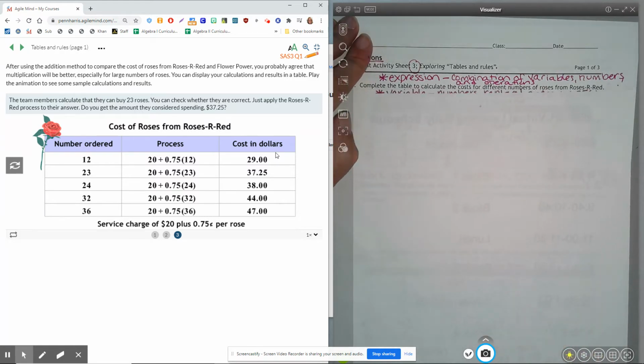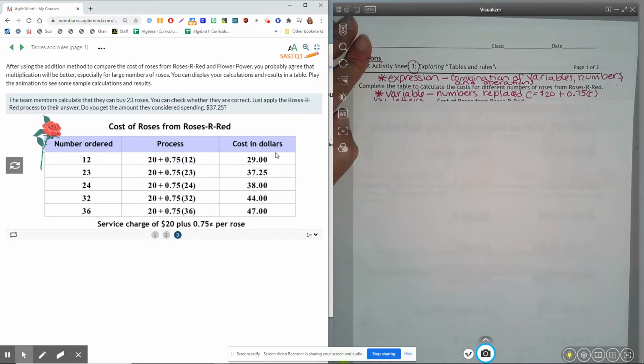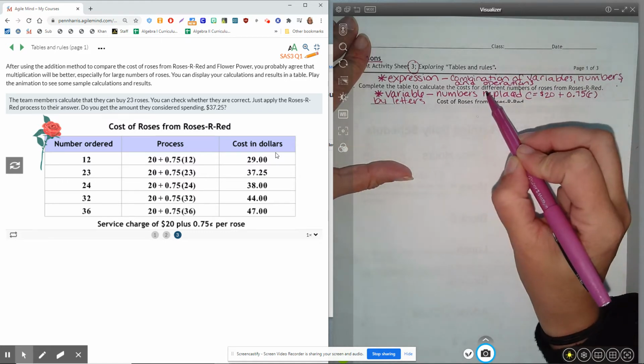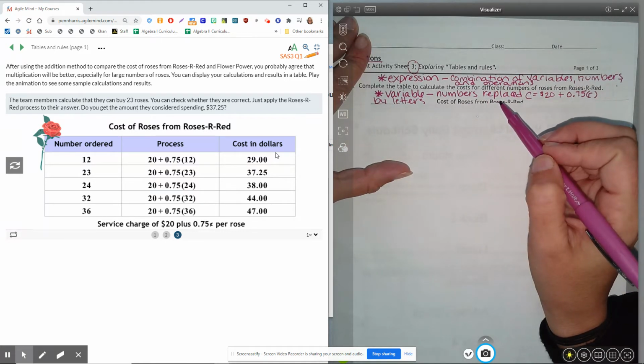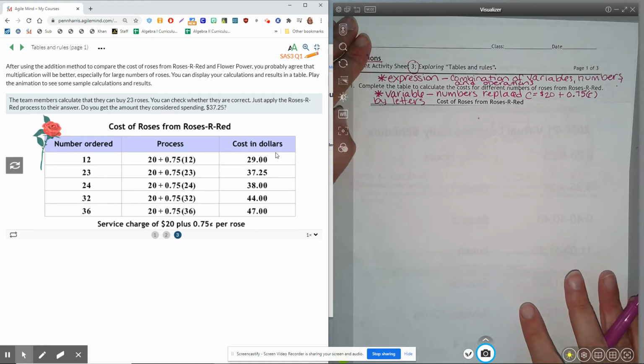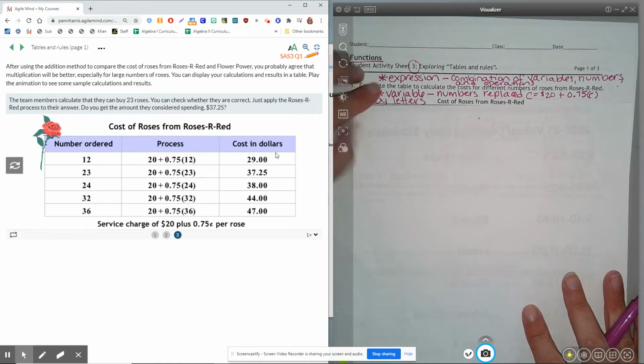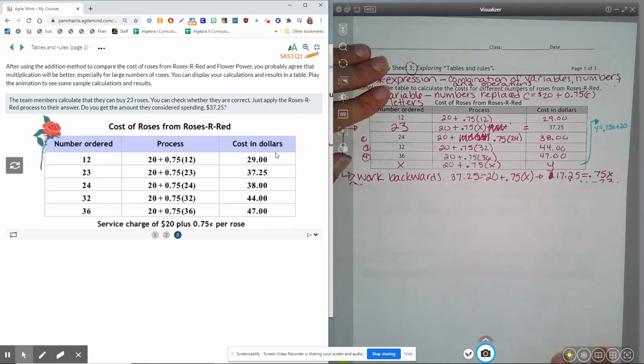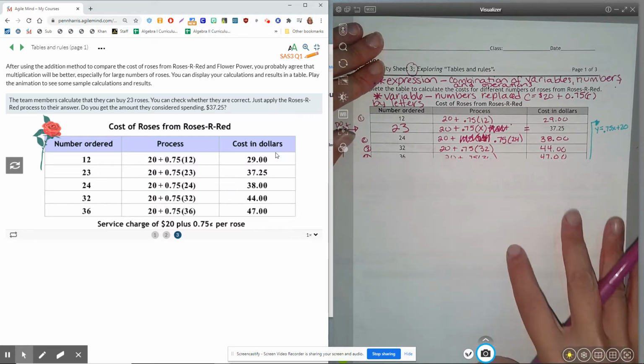Again, a reminder about variables. Variables are simply letters that replace numbers. So we're going to replace numbers with letters, and that is called a variable. What I want to go back and look at is this equation.